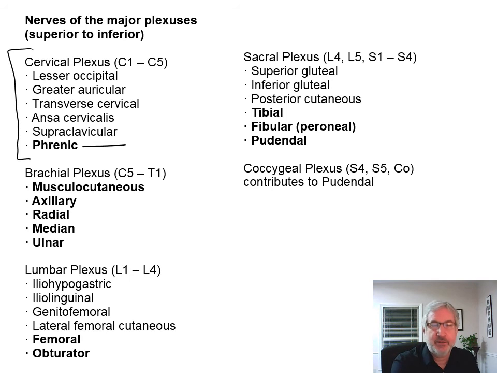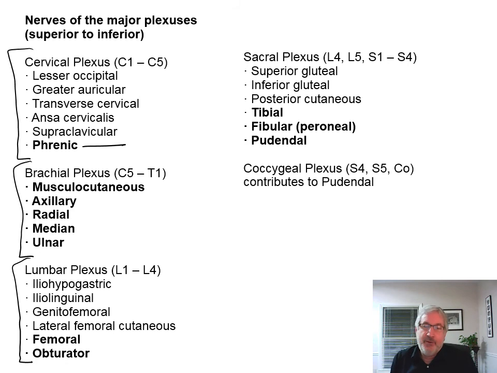Then the brachial plexus, I want you to know the 5 major nerves that come out of it: musculocutaneous, axillary, radial, median, and ulnar. The lumbar plexus has several nerves come out of it: the iliohypogastric, ilioinguinal, genitofemoral, lateral femoral cutaneous, and the femoral and the obturator. And the femoral and the obturator are the ones I want you to know.